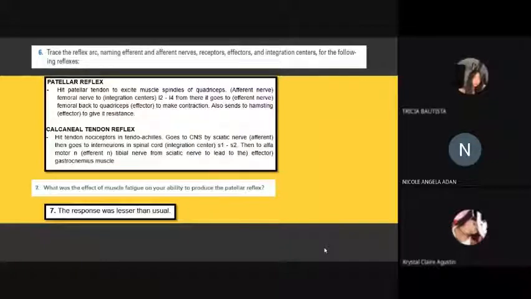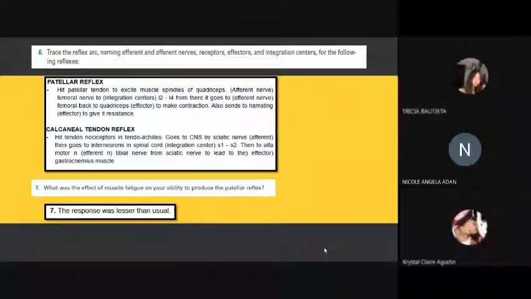Trace the reflex arc, naming efferent and afferent nerves, receptors, effectors, and integration centers for the following reflexes. First off, patellar reflex. Hit patellar tendon to excite muscle spindles of quadriceps, or afferent nerve, femoral nerve, to integration centers L2 to L4.